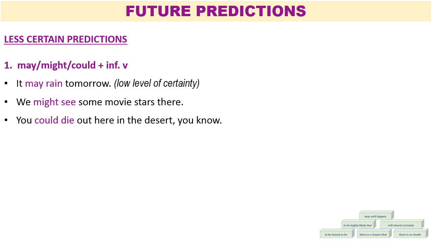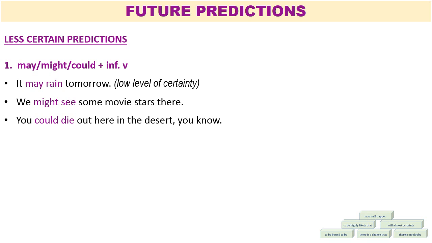Now, what happens when we have less certain predictions that we'd like to make? Let's take a look at the first example. We can use may or might or could plus the infinitive form of the main verb. Here are some example sentences. It may rain tomorrow, but we're not sure. It may not.